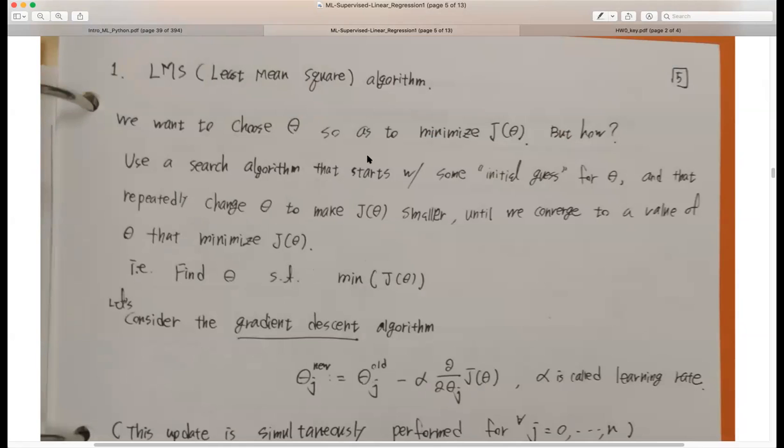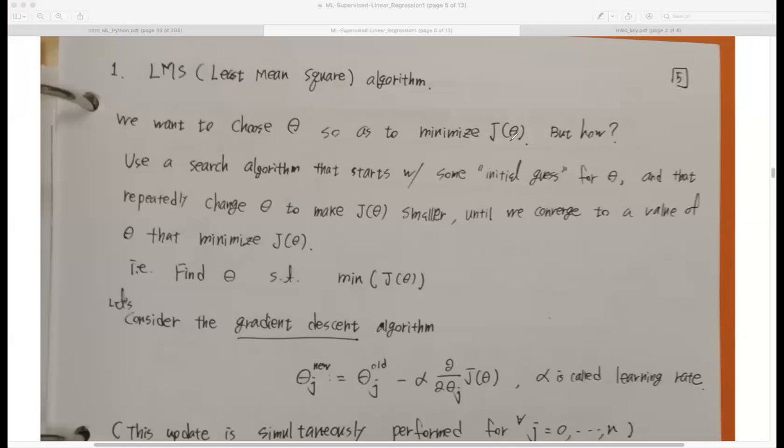So we want to choose theta to minimize J of theta, right? But how?